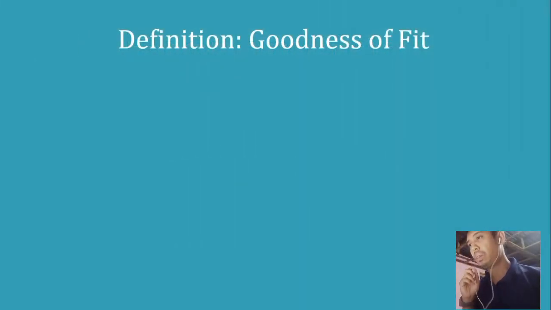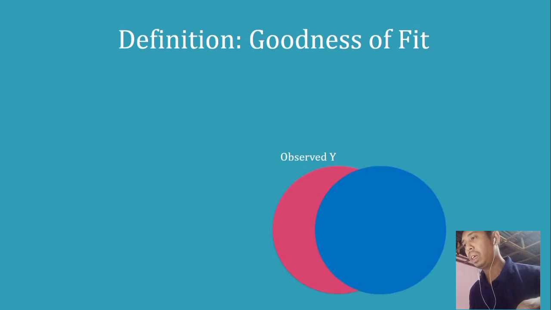Let's say we have two types of data: first, observed or actual data, where we consider the variation of the data to be inside the red circle, and another type, estimated data, which is represented by the estimated y equation.